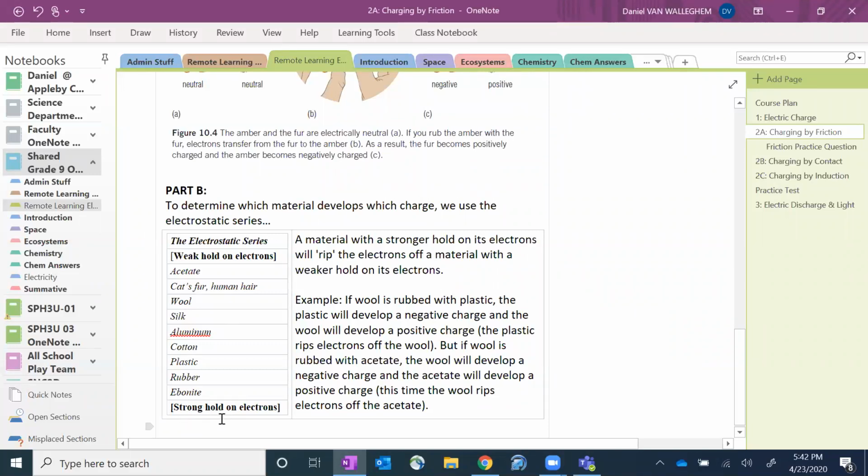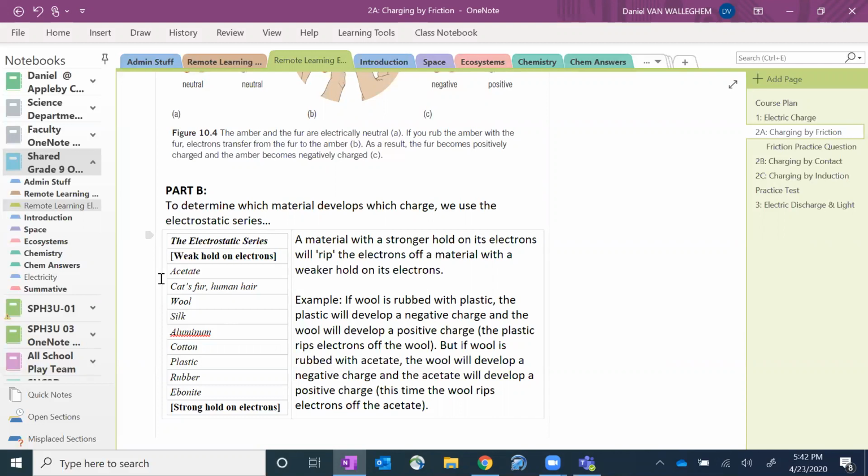The idea is that the stronger the hold that a material has on its electrons, the more likely it is to rip electrons off of a material with a weaker hold. If I take a rubber rod, here I can find rubber down here has a fairly high electron affinity, and rub it with cat's fur, which has a weaker hold on electrons, we can conclude that the rubber will rip electrons off the cat's fur, making the rubber negative and the cat's fur positive because it's lost electrons.